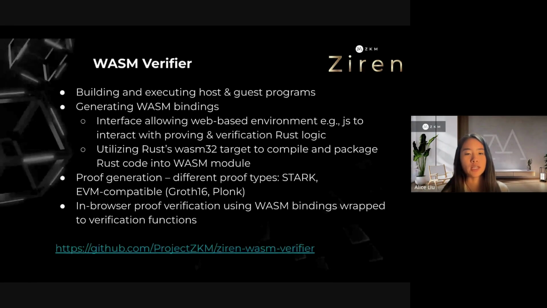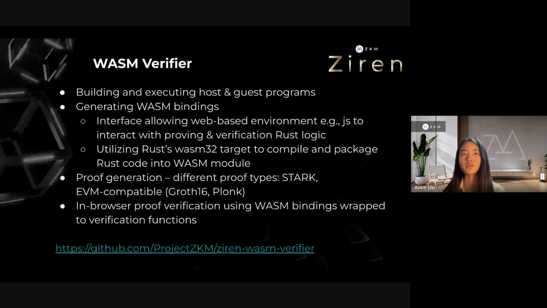The proof generation aspect is compatible with the different proving types that we offer, including the Stark, Groth16, and Plonk proofs. But unlike on-chain verification, where you can only use Groth16 or Plonk proofs, you can also, with the WASM verifier, directly verify them using the Stark proofs.